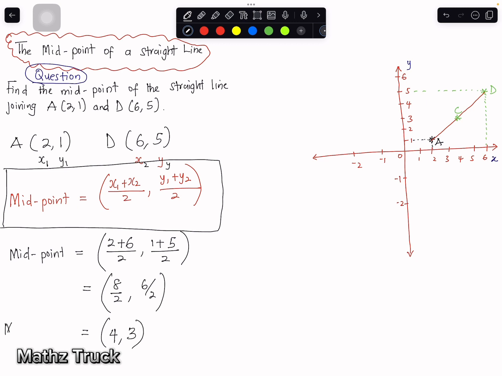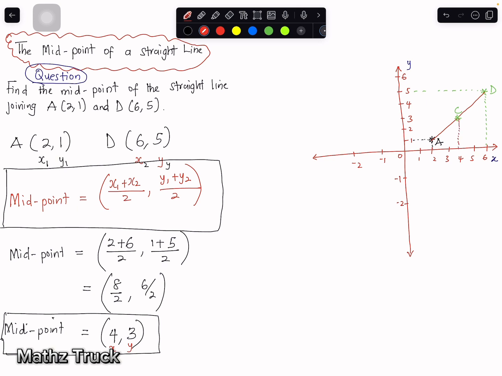So this is the midpoint coordinate, which we can deduce to be 4 on the x-axis and 3 on the y-axis.